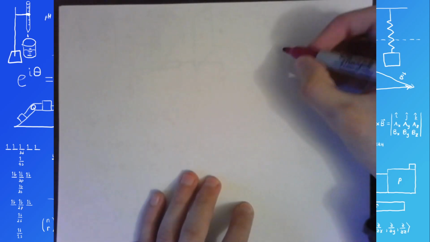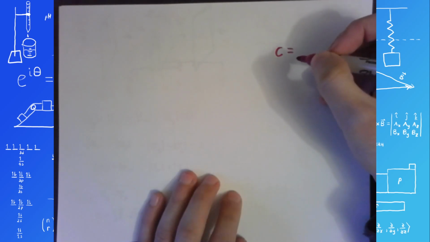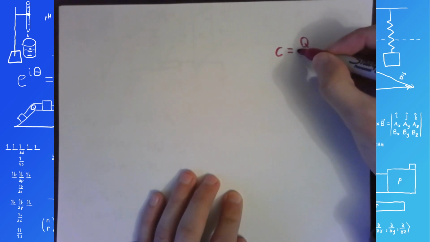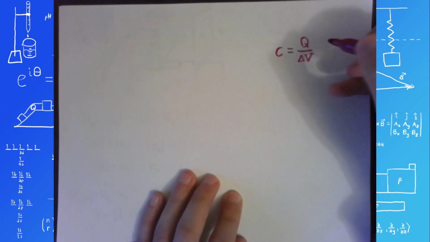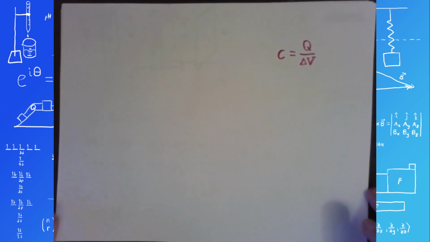Capacitance is equal to the total amount of charge you can separate between two metal surfaces over the change in electric potential required to separate that charge, which might be a bunch of mumbo jumbo to those of you who haven't seen capacitors and capacitance before, but we'll elaborate on that.